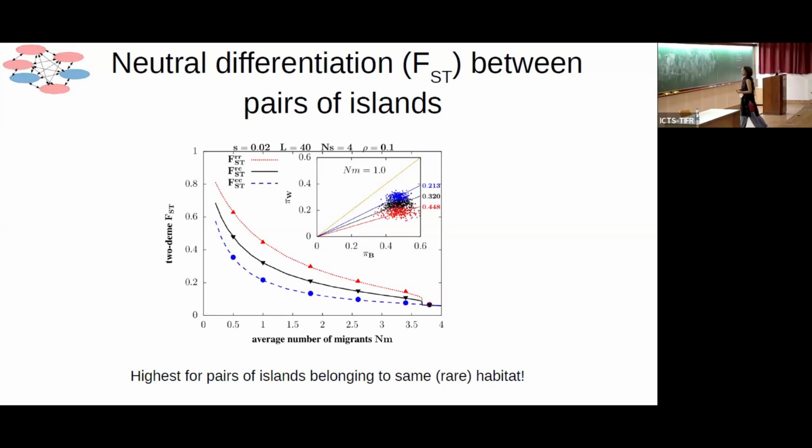So what I'm plotting here is FST between two arbitrarily sampled subpopulations within this metapopulation. And I'll just write down what this is.